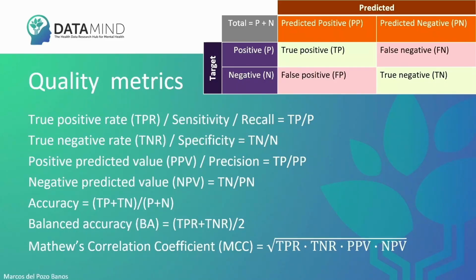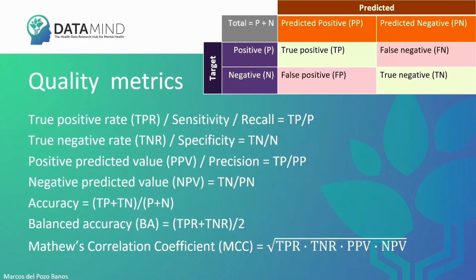So we have the true positive rate, called sensitivity, or also called recall, and this is just the proportion of positive samples that are correctly identified as being positive. Then we have the true negative rate, also called specificity, which is the proportion of negative samples that are correctly classified as being negative.